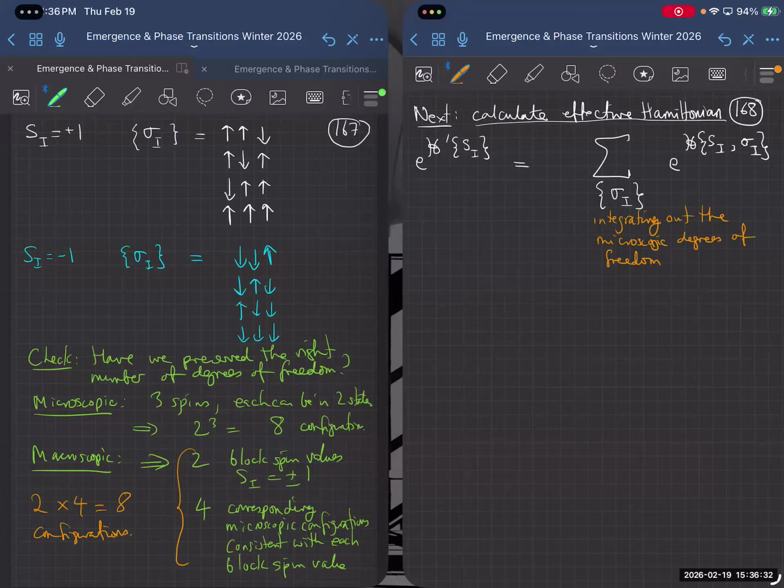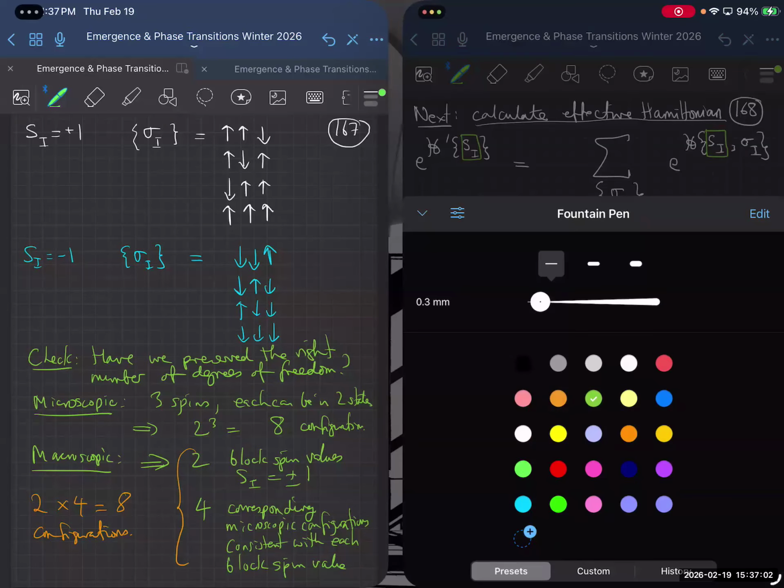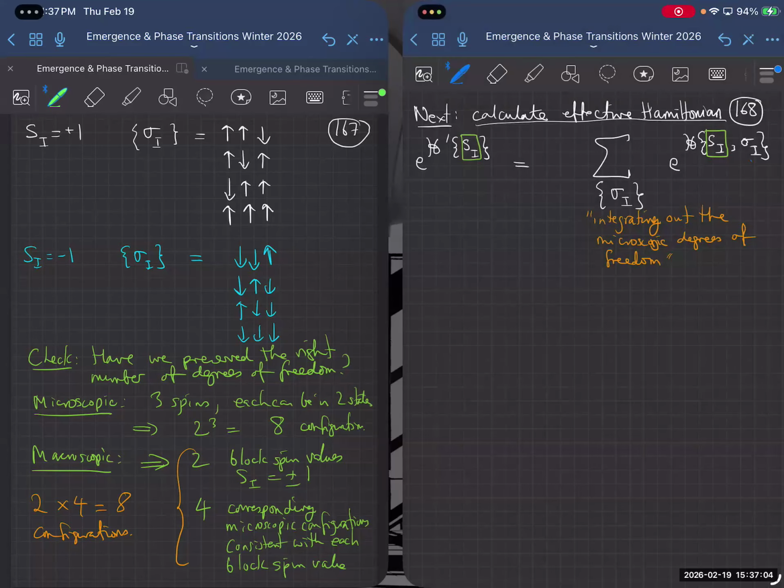I use the phrase integrating out the microscopic degrees of freedom because in general this would be in the continuum, it would be a field theory, so you call it an integration, but a summation is just the same as an integration. Okay, so we're going to do that, and then this thing over here is the effective Hamiltonian. You tell me what Si is. I put that value of Si into here, and then I do the sum over the sigmas. These sigmas summed over here are the dummy variables.